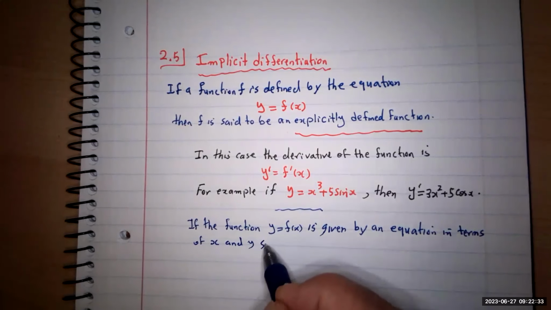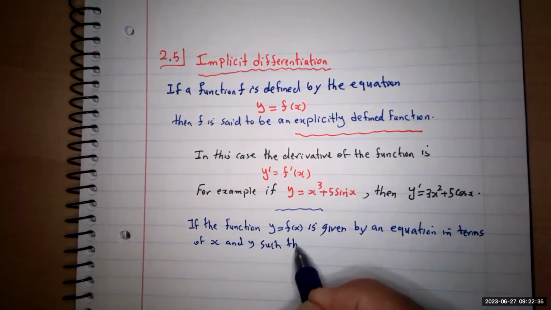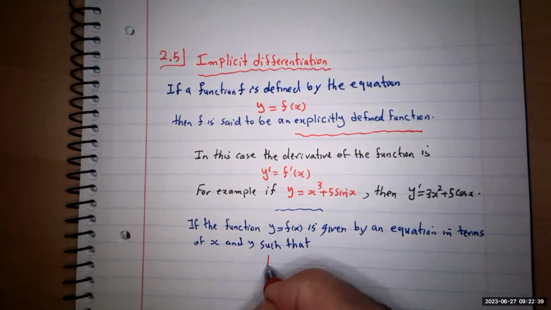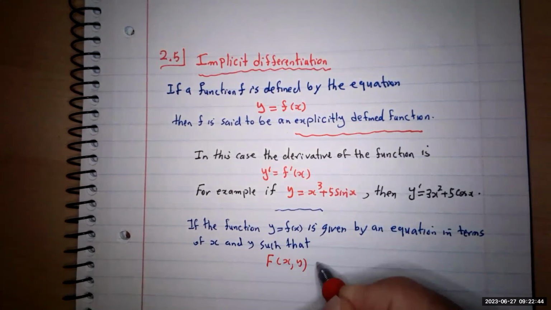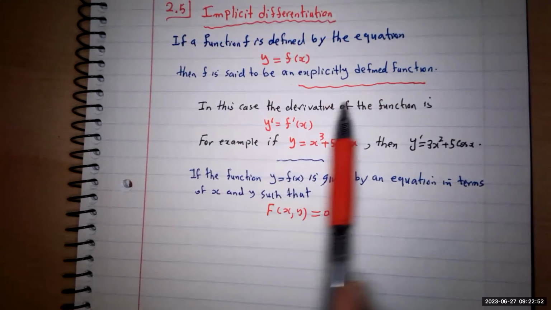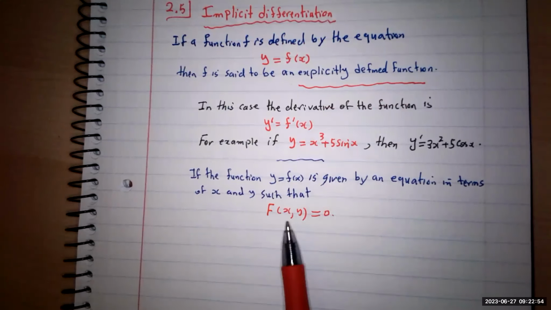in the form, for example, of a combination of x and y: f of x comma y equal to 0. So your function is here, but you don't have it directly as y equal to. So you have something like x squared plus y cubed minus 3x plus sine x equal to 0.